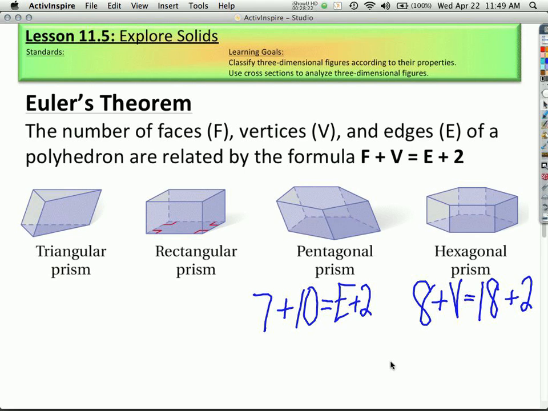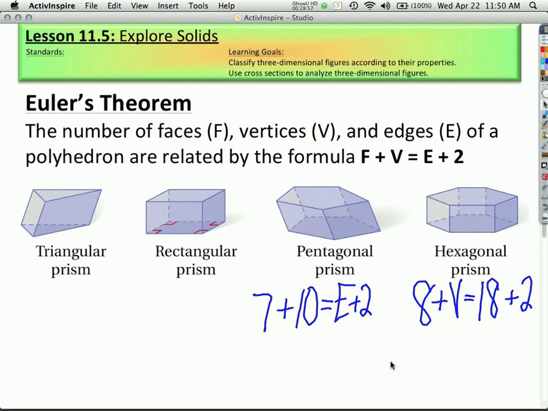I was gonna say, aren't the edges, the size of the polygon base times 3 will get you the number of edges. Yeah. Test your theory. You have 2 samples. Do they both prove to be true?